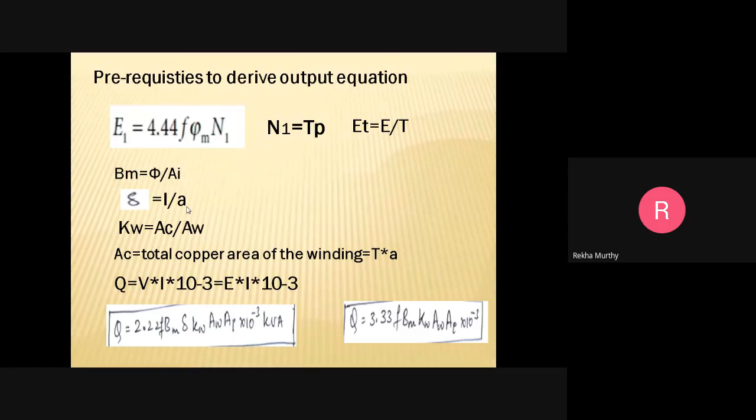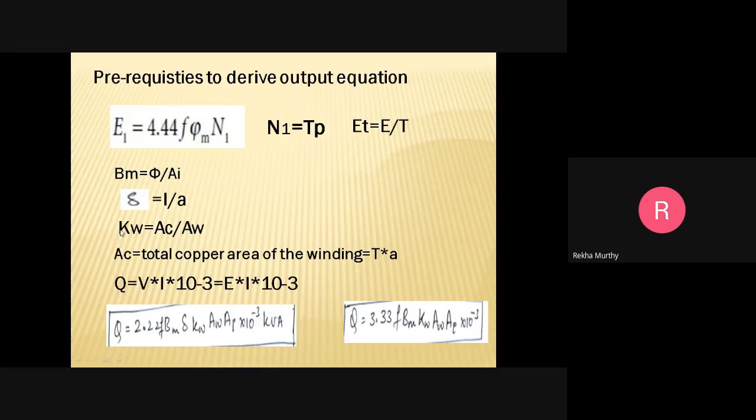Current divided by area is the current density. Current density is denoted as delta, given by current divided by area. That formula you should remember.